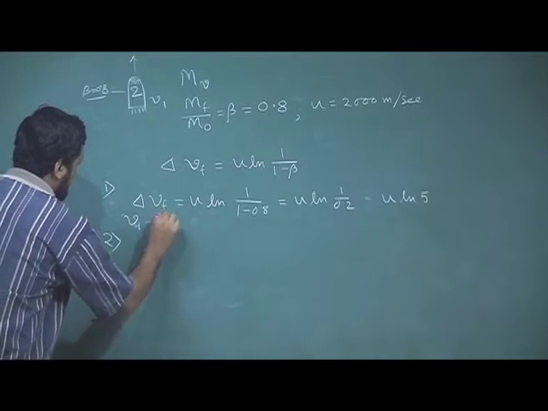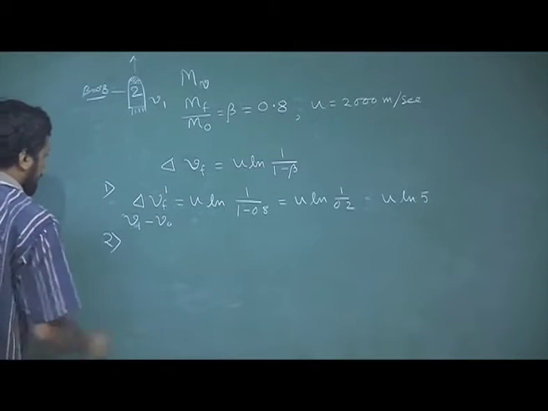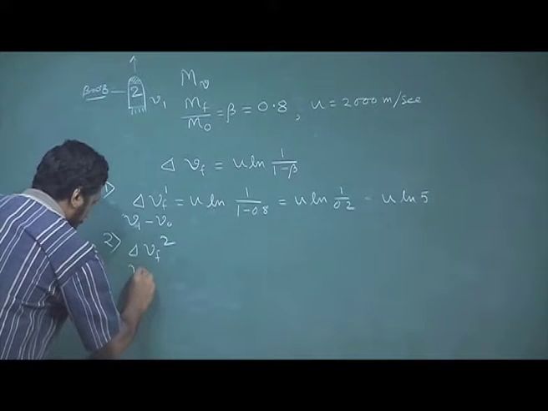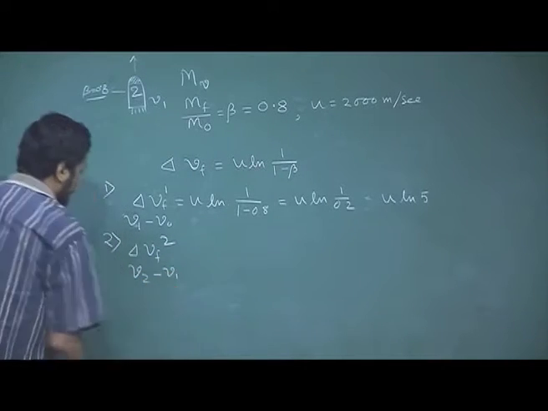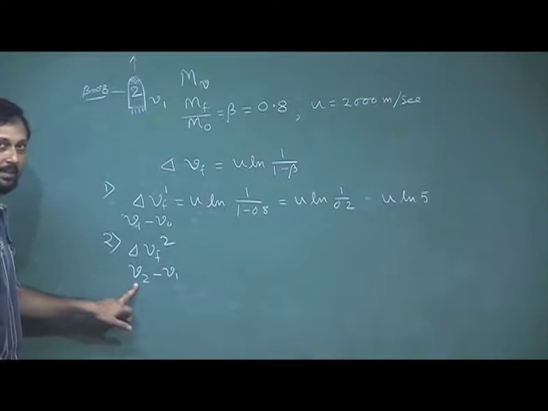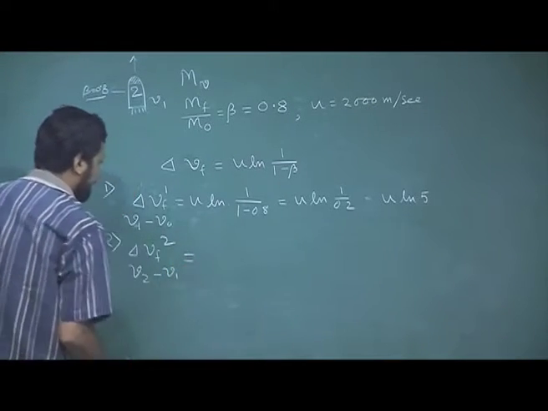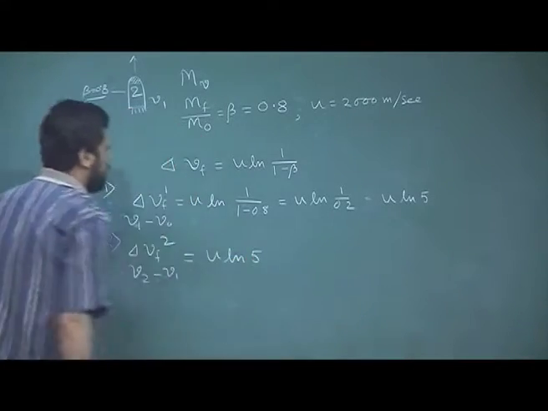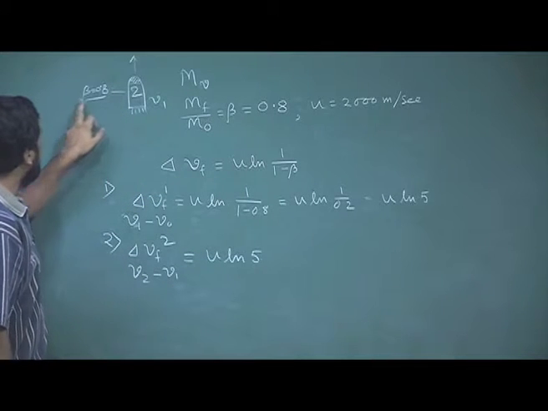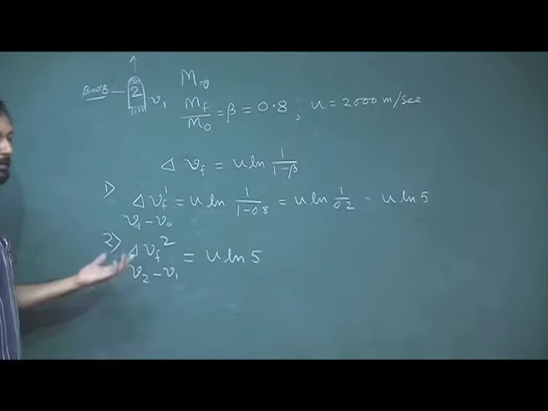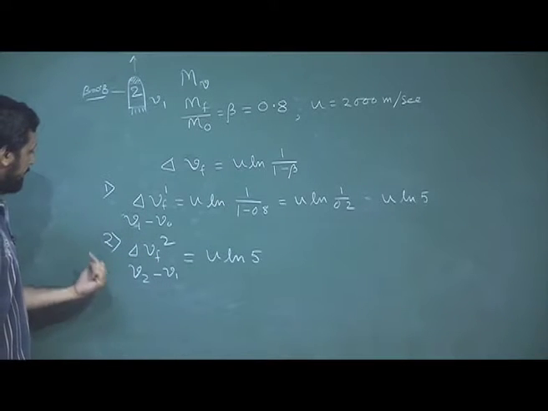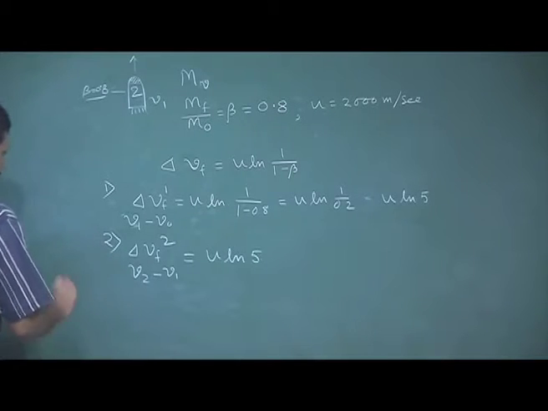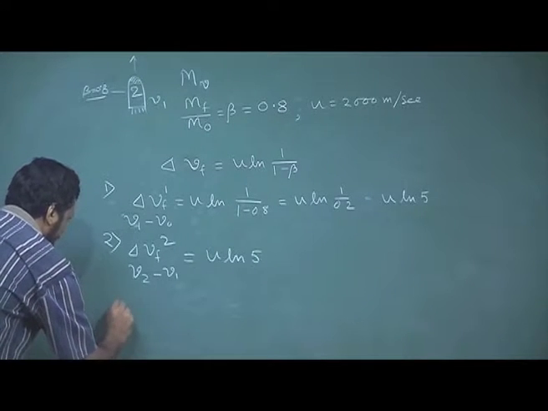So your delta V, I call it delta V_f2, will be v2 minus v1, where v2 is the final velocity after this stage, which will be given, once again, as u ln 5, because all the parameters are the same. Even for the second stage we have beta equal to 0.8. So it does not matter whether we have a stage previously or not, it will give you the same velocity change.